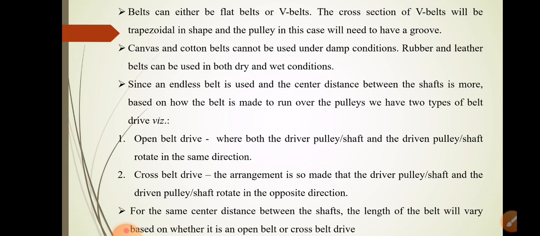The open belt drive is the one where the driver shaft and the driven shaft rotate in the same direction, while a cross belt drive will result in the driven shaft rotating in the opposite direction to the driver shaft. For the same center distance between the shafts, the length of the belt will vary based on whether it is an open belt drive or a cross belt drive. When we derive the equations for the length of the belt, you will understand this concept.